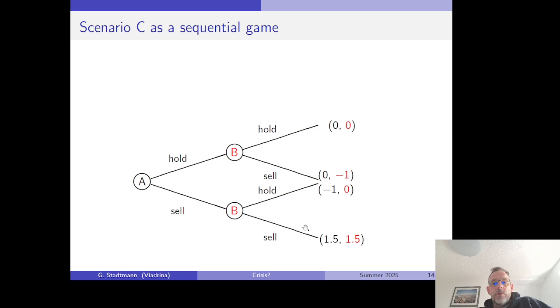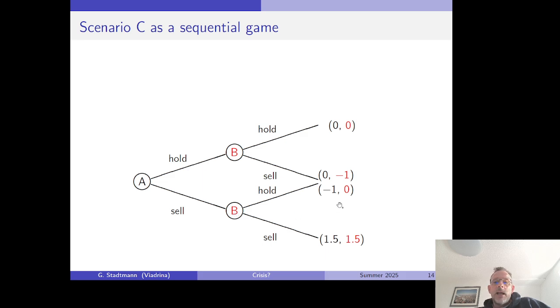We have to perform the solution method of backward induction. So player A has to build expectations. How will player B decide in the future? So what if player A sells? How will player B decide in the future?